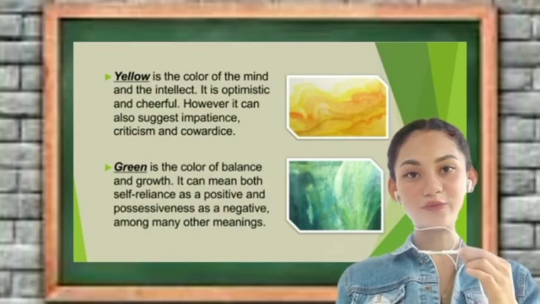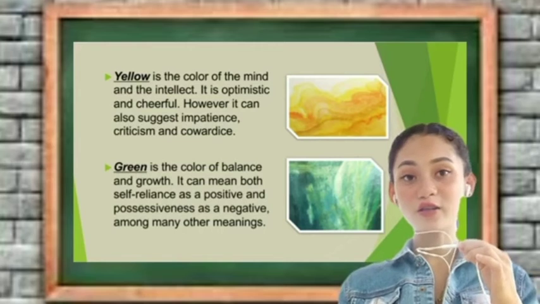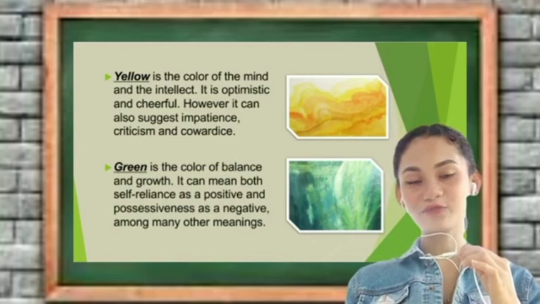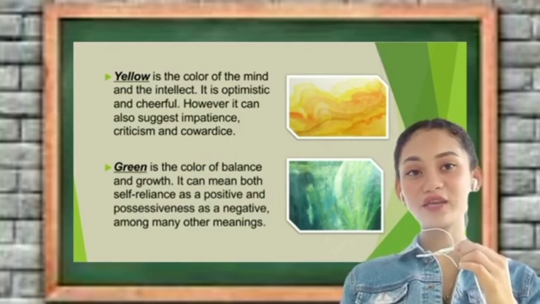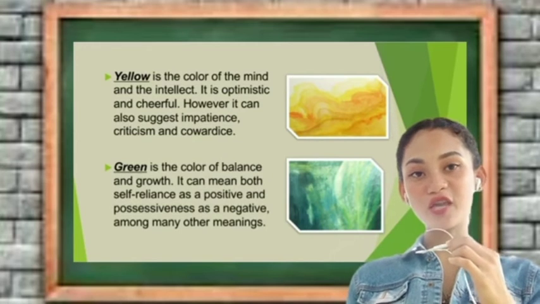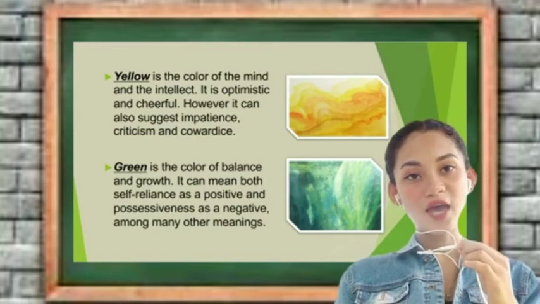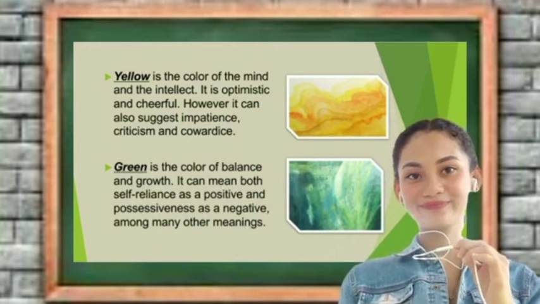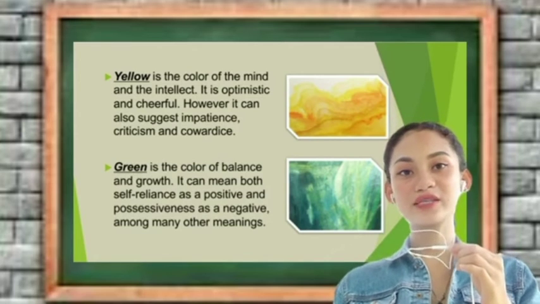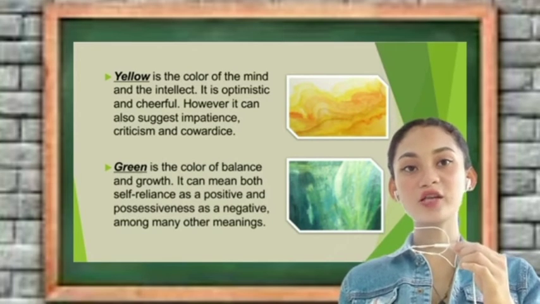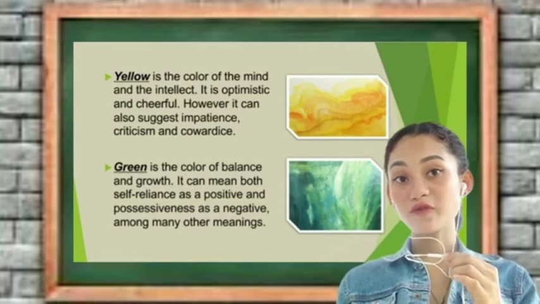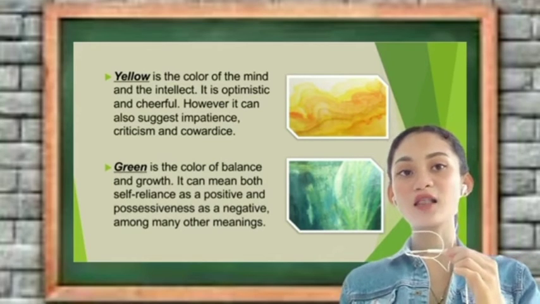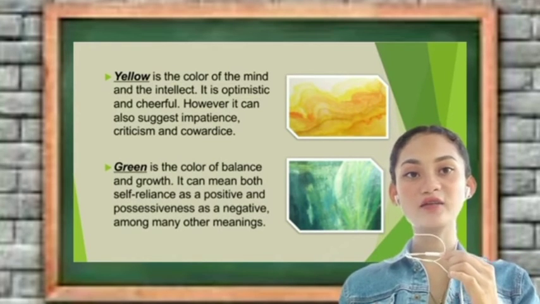Next is the yellow. Yellow is the color of the mind and the intellect. It is optimistic and cheerful. However, it can also suggest impatience, criticism, and cowardice. Yellow also increases blood pressure, accelerates pulse, increases breathing rate, has a beneficial effect on the nervous system, liver, pancreas, and gallbladder.